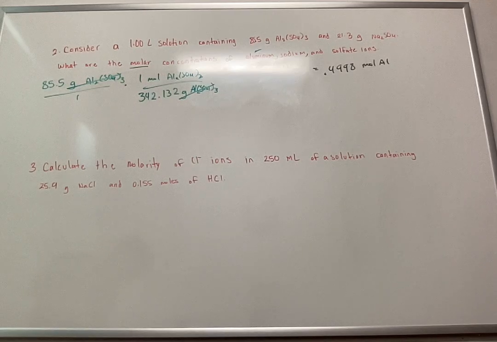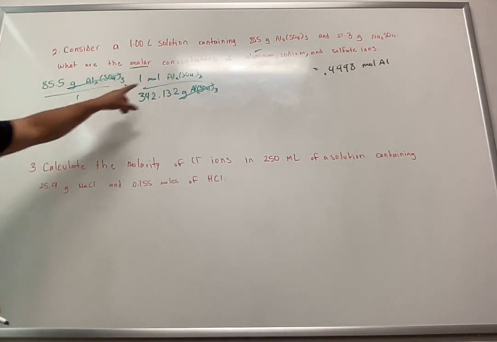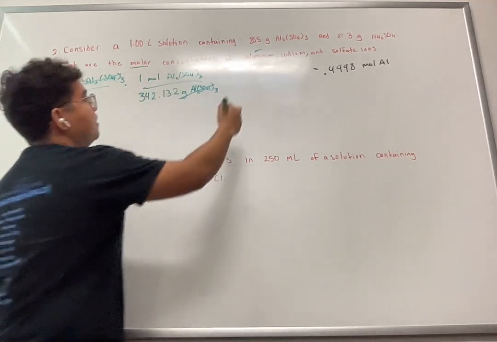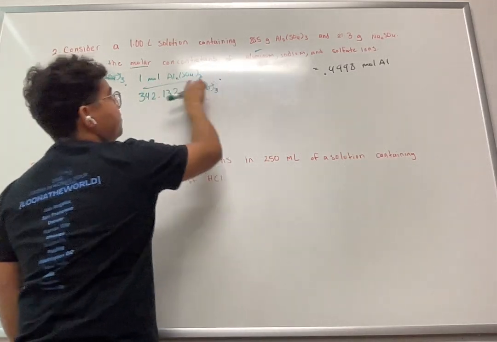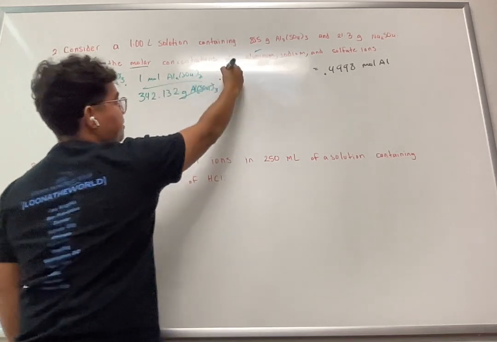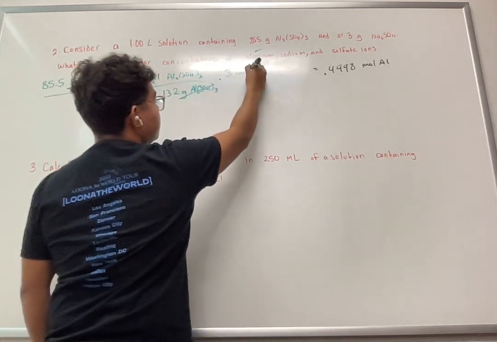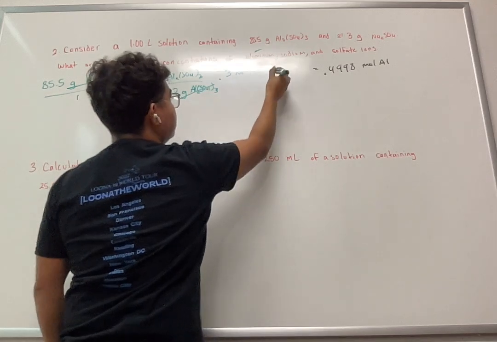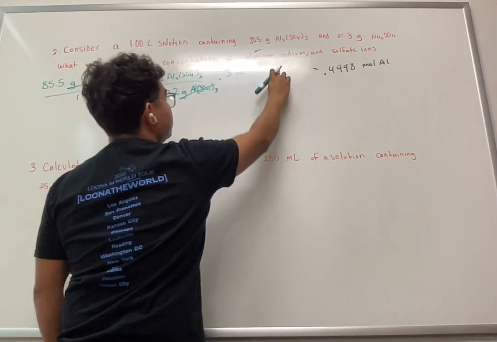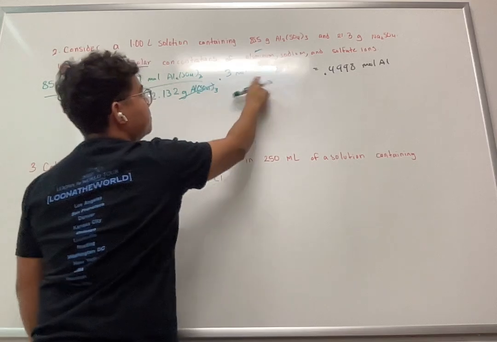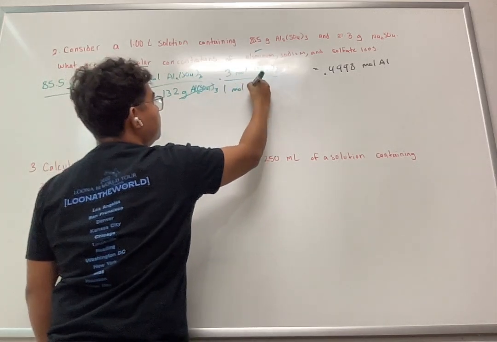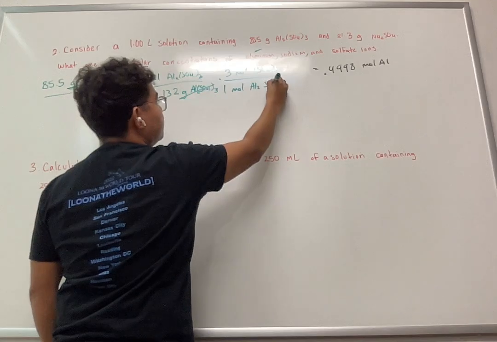And then for every mole of Al2(SO4)3, we've got 3 sulfates. So 3 moles of SO4 for every mole of aluminum sulfate.